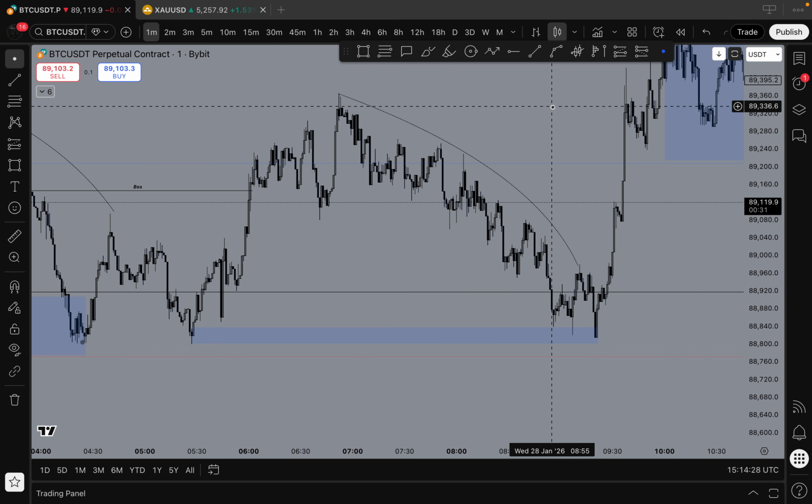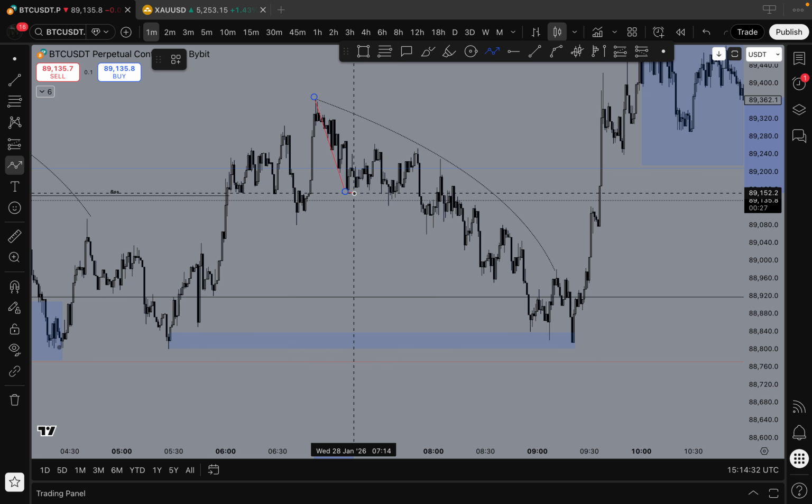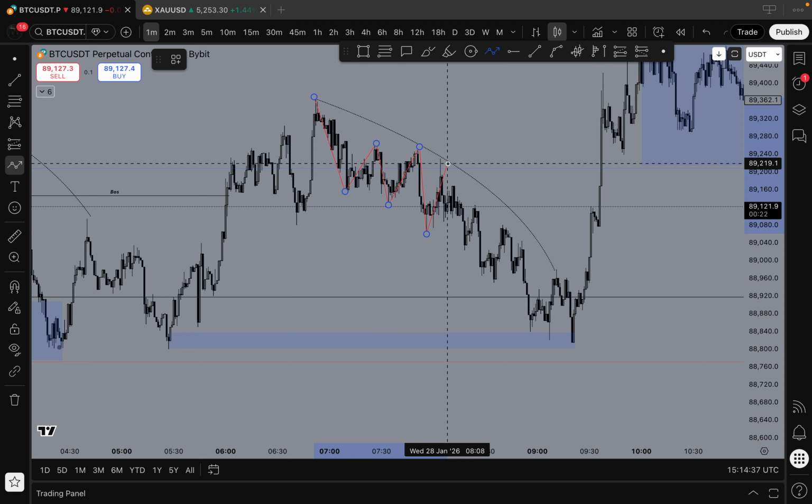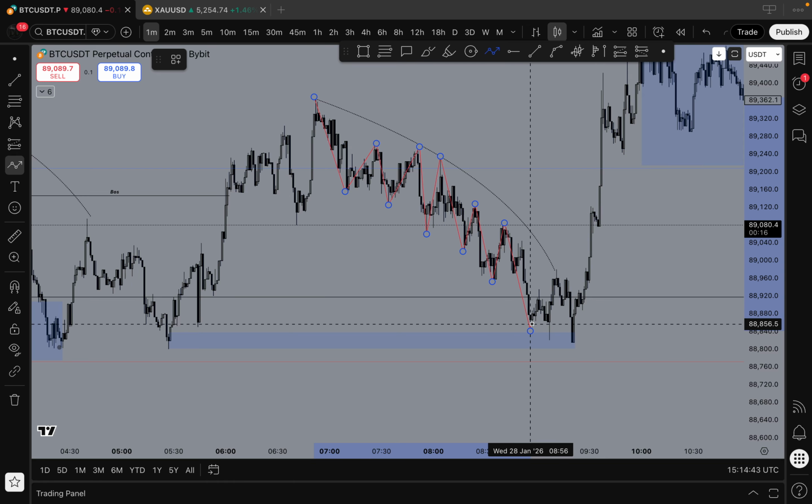But if we look at how price came into it from here, you can basically say lower high, lower low, lower high, lower low, lower high, lower low.